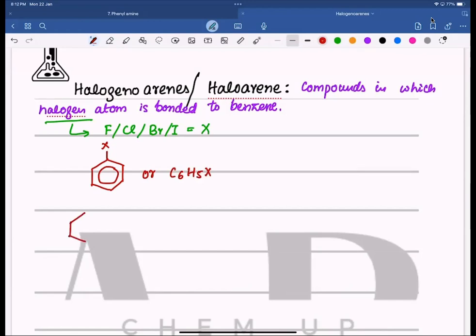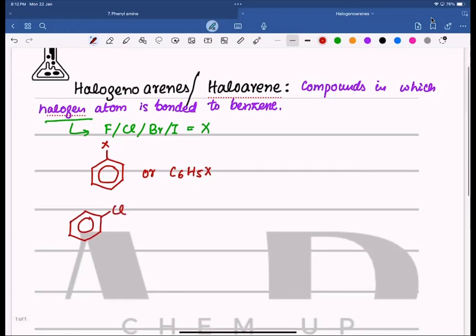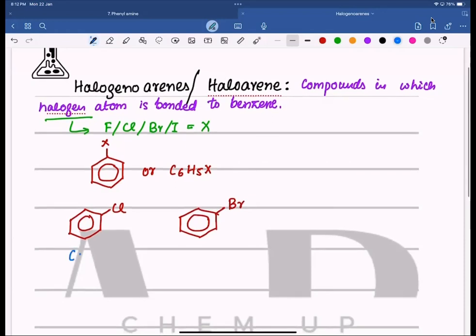If the benzene ring has chlorine bonded to it, or a bromine bonded to it, then we are going to call it chlorobenzene or bromobenzene.